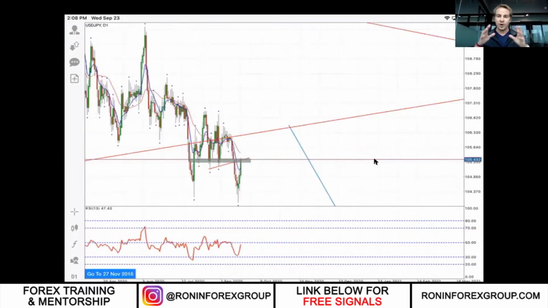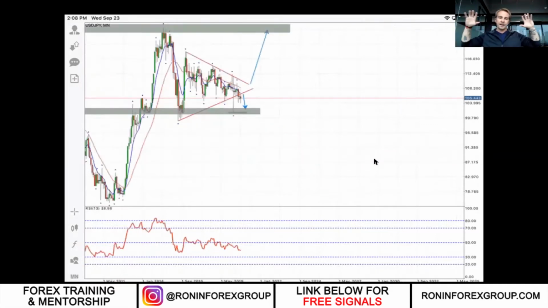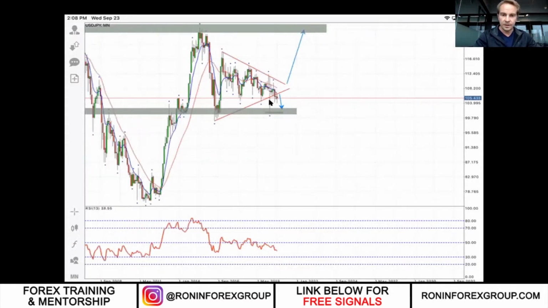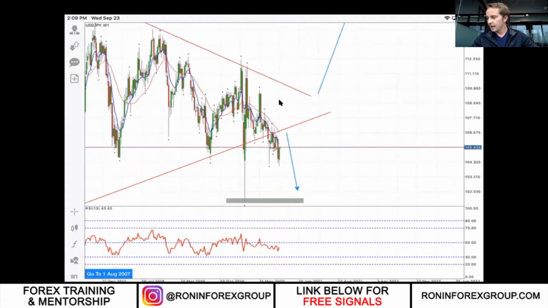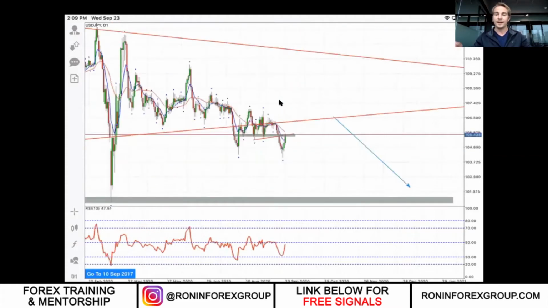I keep going smaller and smaller time frames and zooming in closer and closer, because I went to the monthly, I got the bird's eye view of what's going on, right? Breakdown here, breakdown from triangle pattern. Now we go to the weekly, and now we go to the daily. And so we're zooming in tighter and tighter.